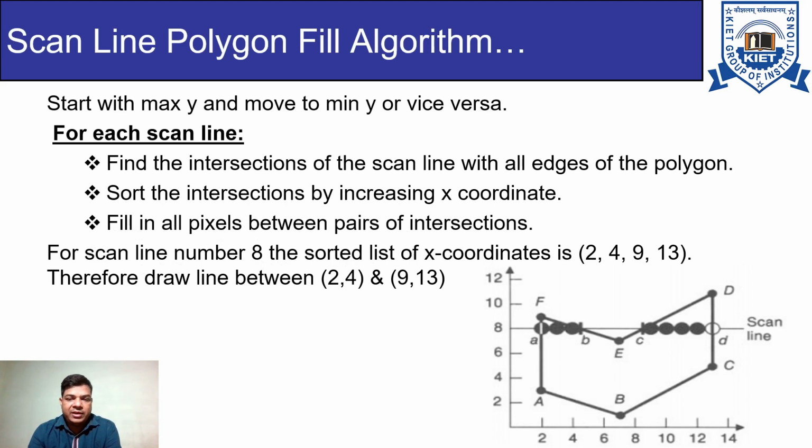Because we keep the position of the scanline with respect to the y-axis, and the y position of this scanline is y equals 8. For scanline number 8, the sorted list of x coordinates is 2, 4, 9, 13. Therefore, draw a line between 2 and 4 and between 9 and 13. That means activate all the pixels between 2 and 4 and between 9 and 13.